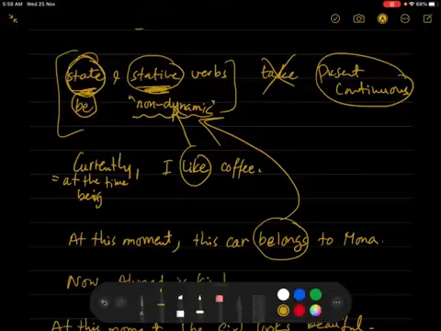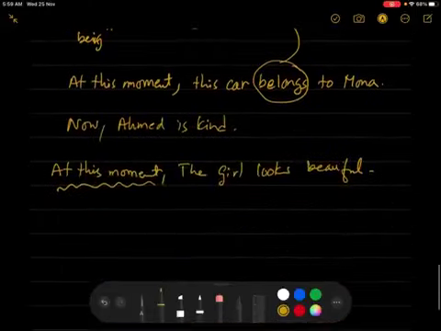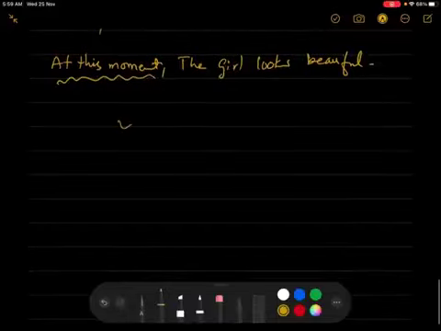So when we use state verbs like verb to be and verbs of the senses, seem, look, appear, taste, sound, feel, or stative verbs which are like action verbs in that they have an object but are like state verbs, they don't take present continuous. Okay.